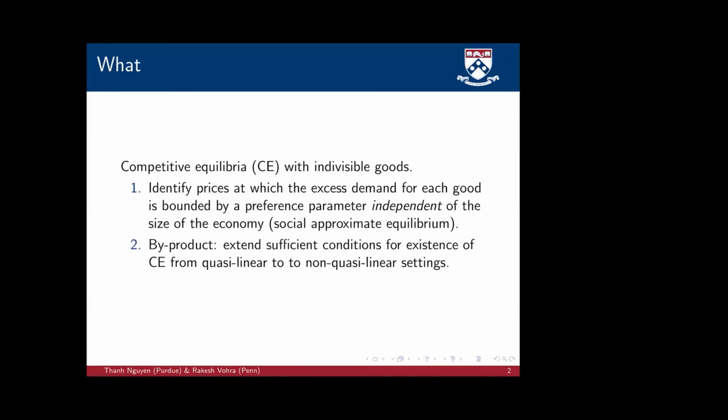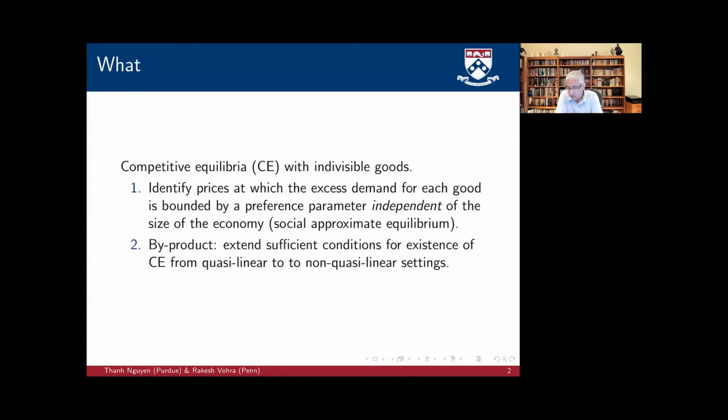And what we do in this paper is we identify prices at which the excess demand for each good is going to be bounded by a parameter, and that parameter is going to depend upon the preferences of the agents, and importantly, it's going to be independent of the size of the economy.